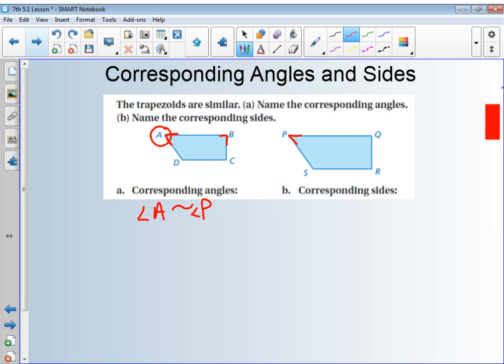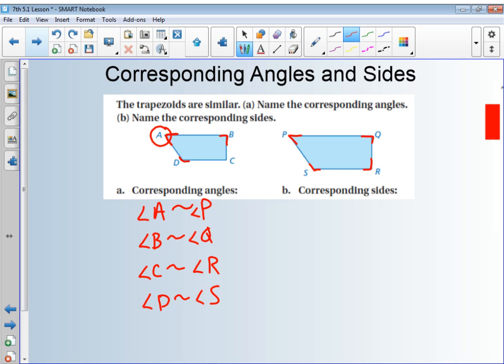So angle B corresponds to angle Q. Then angle C corresponds to R. And lastly, angle D corresponds to angle S. There's all of our corresponding angles, and you will be practicing this on the next one.